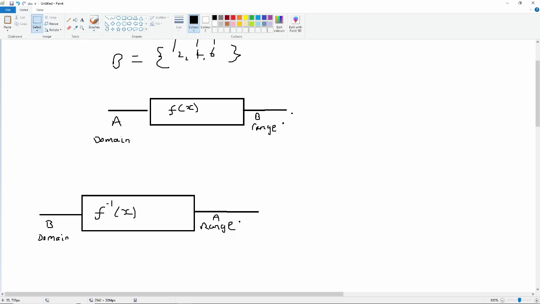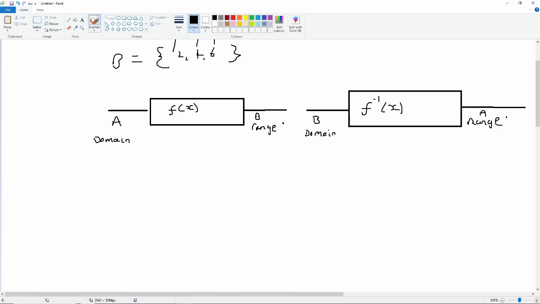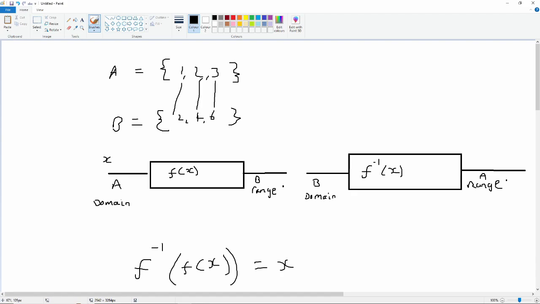And we can link them together. So if we put x in, and let's say x is 1, then x goes in, f of x turns the 1 into a 2, then the 2 goes into the inverse, and the inverse turns it back into the 1 again.